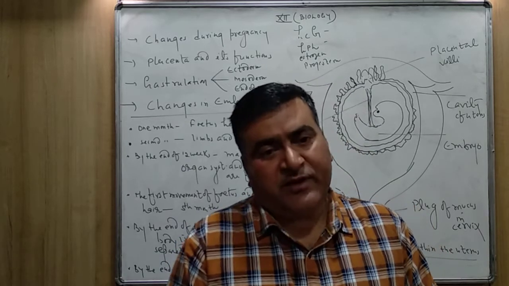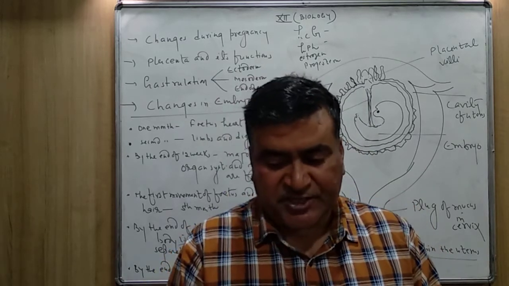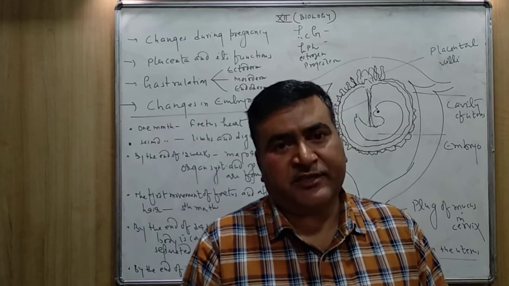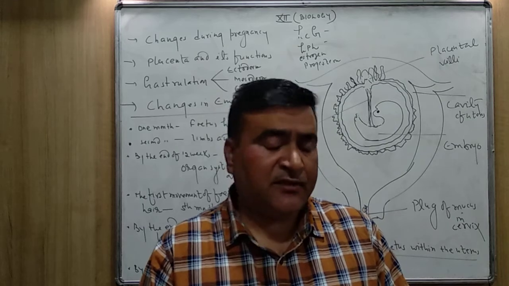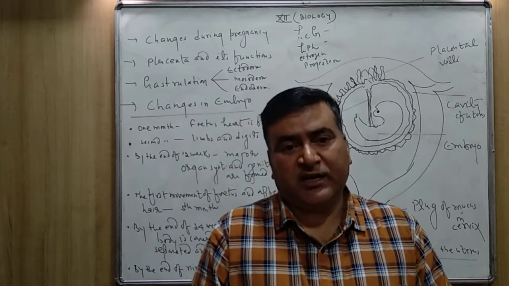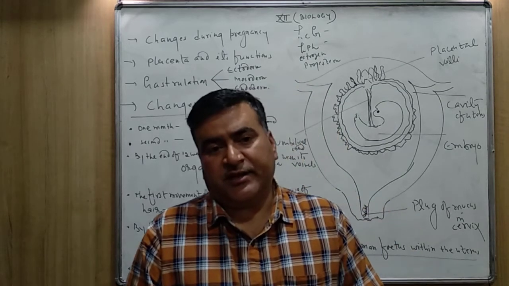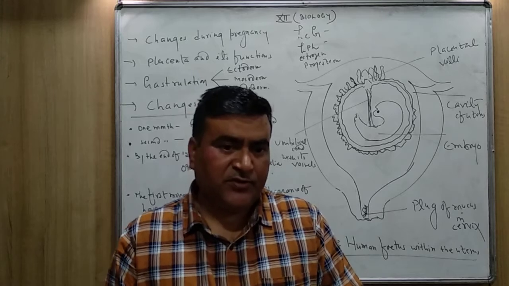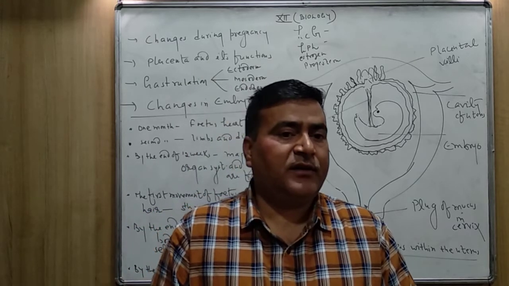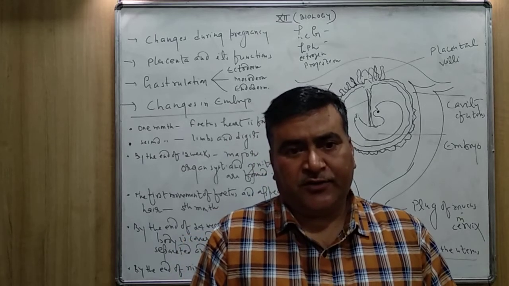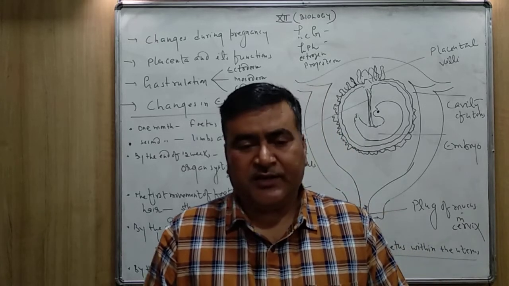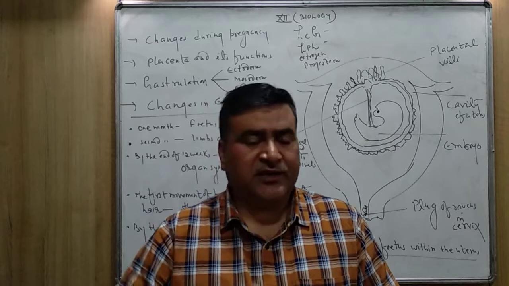So now we will discuss the next heading, that is parturition, how the process of childbirth takes place, what changes occur inside the mother's uterus so it can deliver a baby outside, through the uterus, through the cervix, through the vagina.